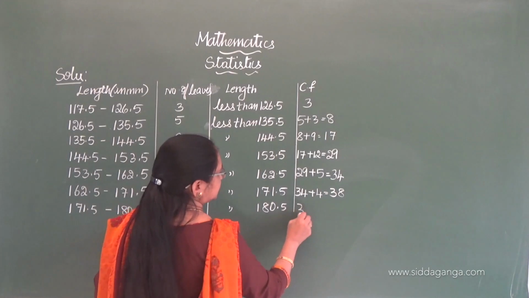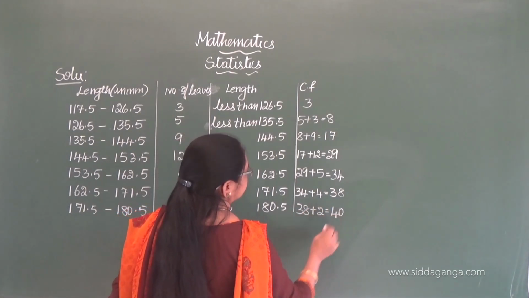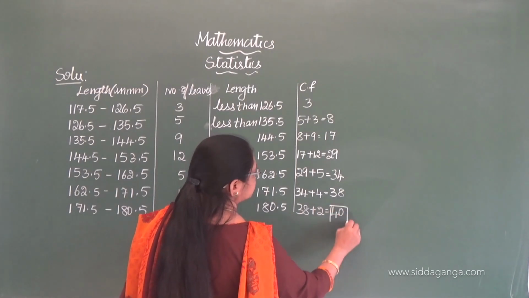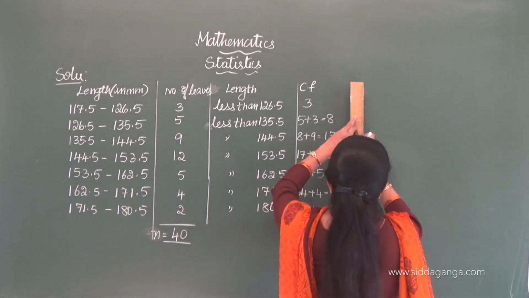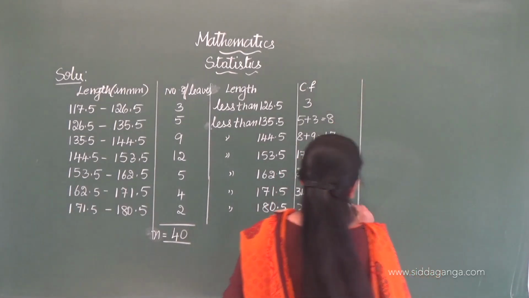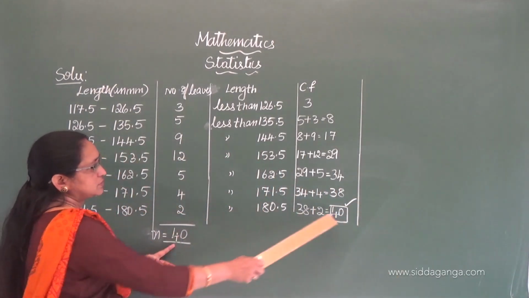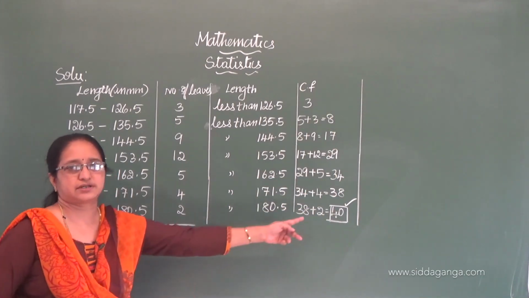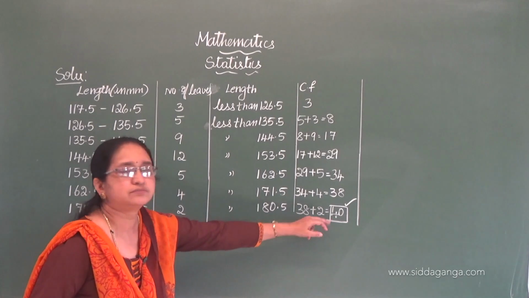Next, 38 plus 2, 40. So cumulative frequency in the end you will get 40. So, you tally with this, correct? So, the calculation is also correct. When you add all that you should get 40 here.